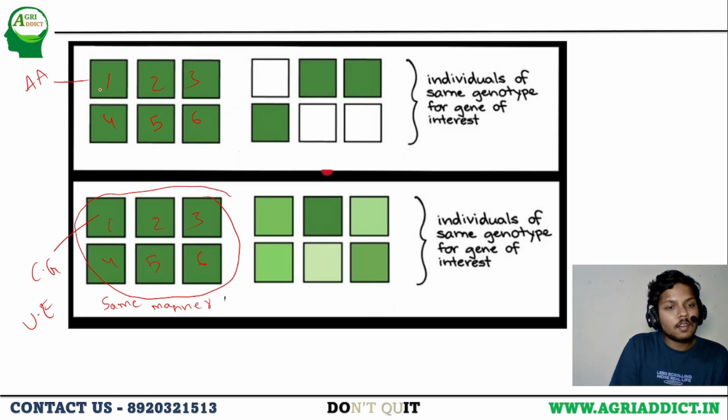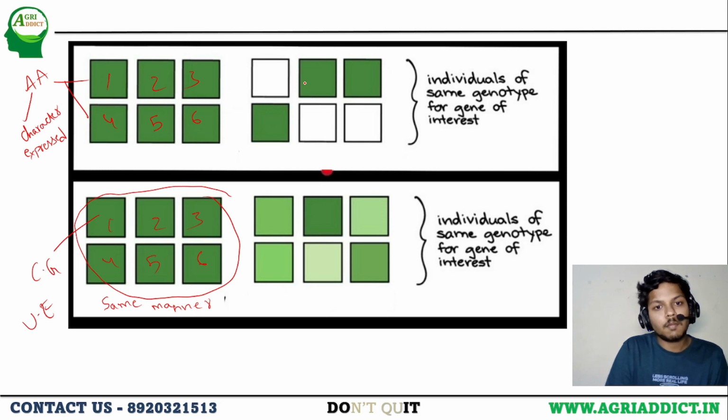Here the character is expressed in all the plants. The capital A's character is expressed in all the plants. But here you can see only in some of the plants the character is expressed, but in others it is not expressed. Then we call it incomplete penetrance.